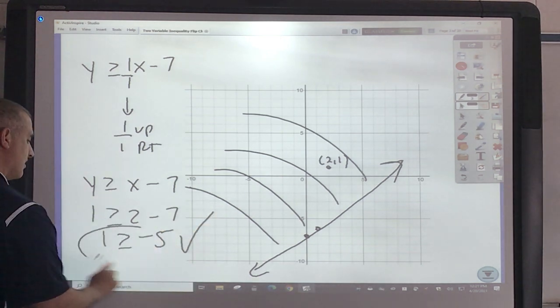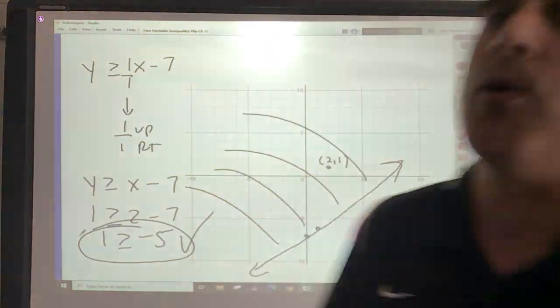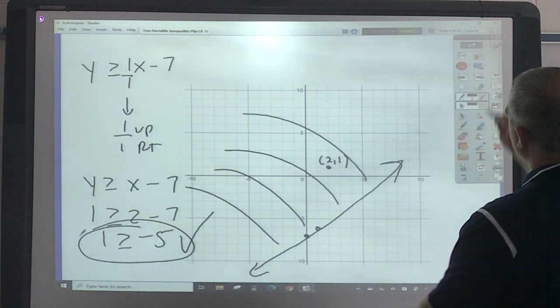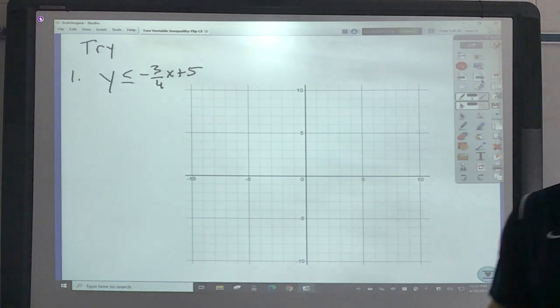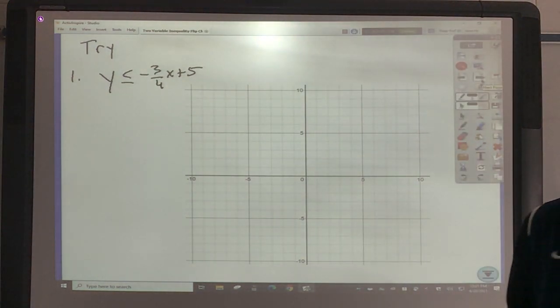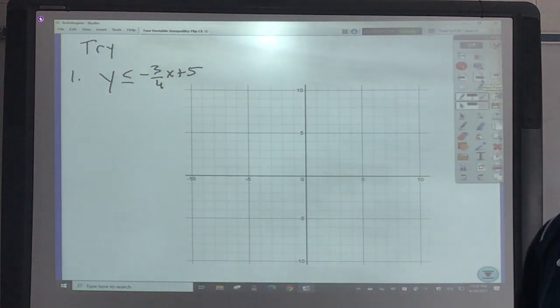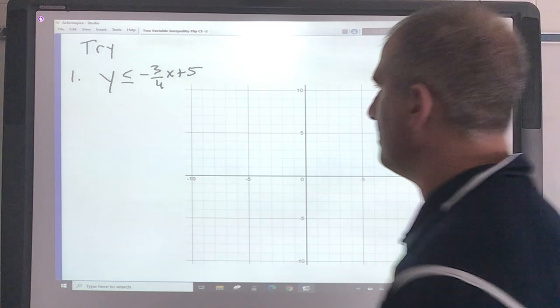It is. So that's why that works. When we shade, that's what we're talking about: what points you would put into the inequality to make it work. So I've got 3 of them for you to do. Pause after each one, do this one, then unpause, you'll see the answer, and keep going through the tries.